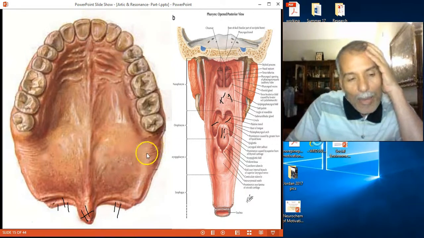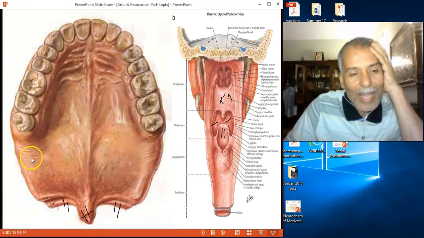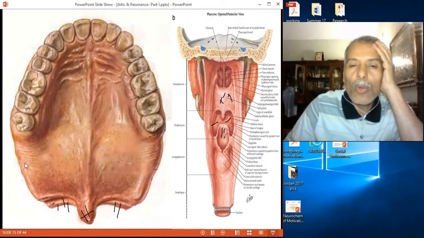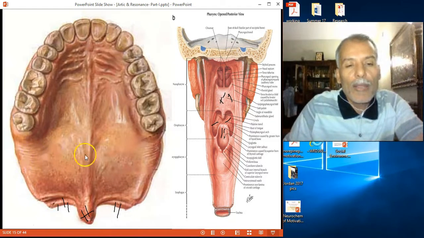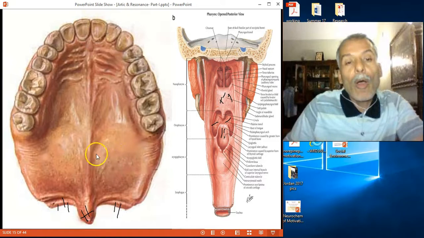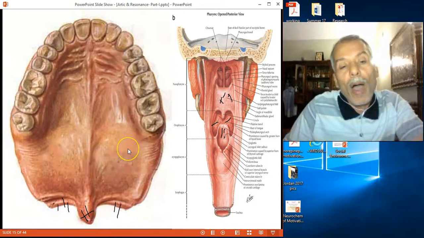You notice some structures here, like muscle tissue and actually tendon tissue here and here. And if you go from here and just go across a line from side to side, this area is called the palatal aponeurosis. That is a tendon that is attached onto the margins of the palatine bone, and it is the connection point for connecting the soft palate muscles with the hard palate.